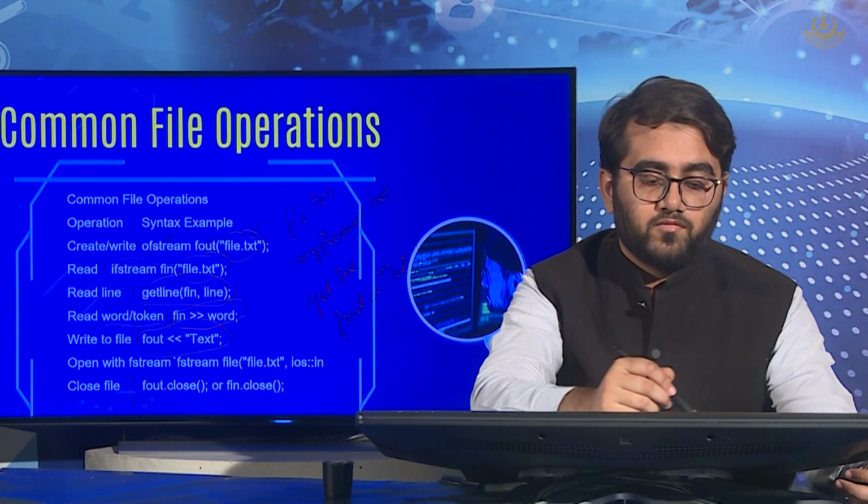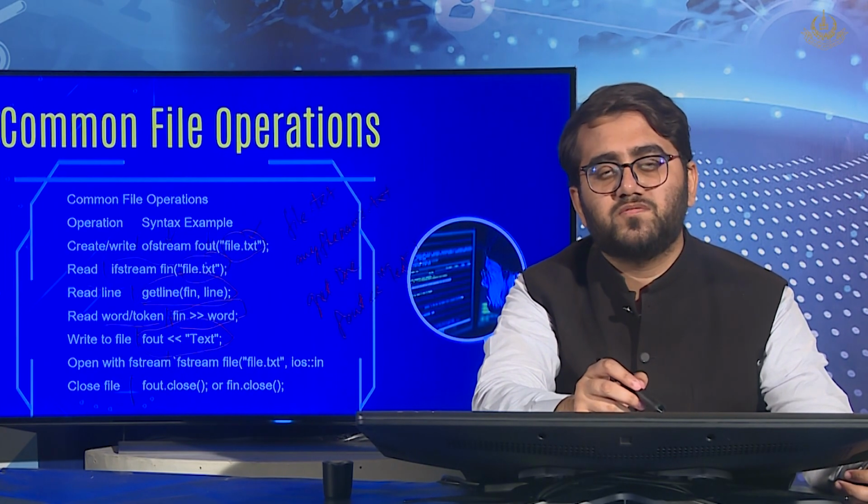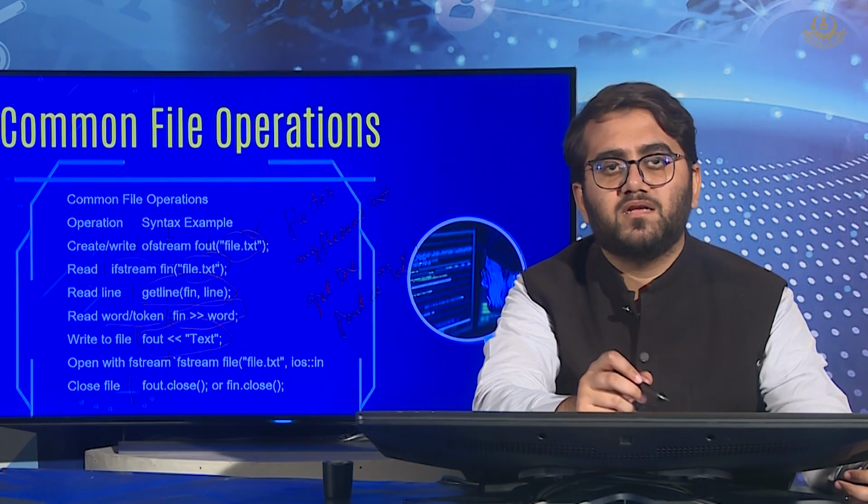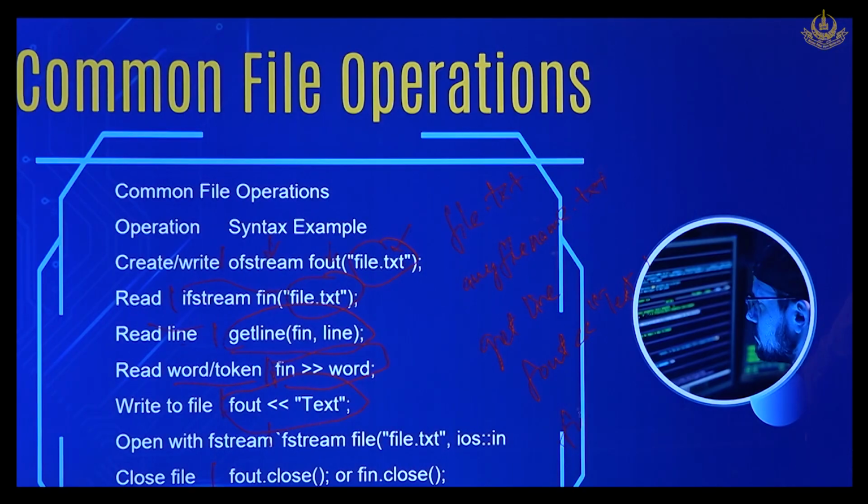Okay, now all of these functions were used by using their relevant classes. However, because we have discussed that we can use fstream for both of these purposes, if you want to use fstream, then we will write the syntax fstream file.txt, and then we will tell the compiler for what purpose we are using it, in or out.